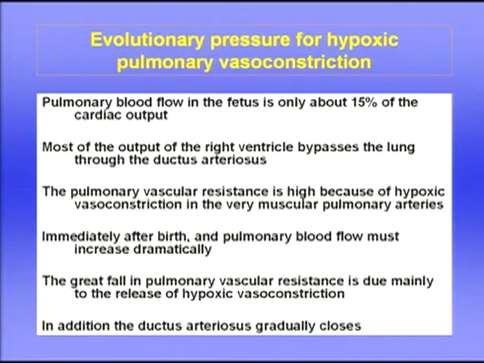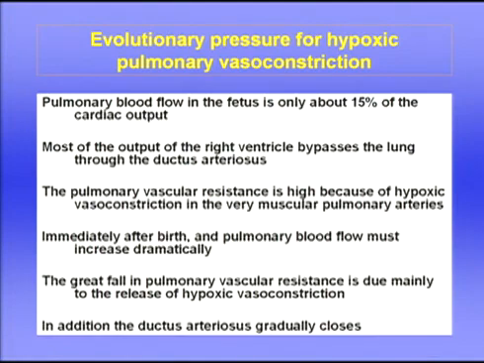First, after a few seconds, gas exchange through the placenta becomes unimportant, and now the baby has to rely on his lung for gas exchange. So now pulmonary blood flow has to increase dramatically from 15% to most of the cardiac output. And that needs, of course, a dramatic fall in pulmonary vascular resistance.